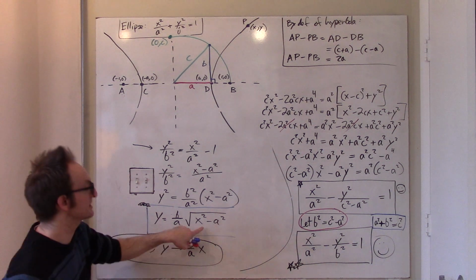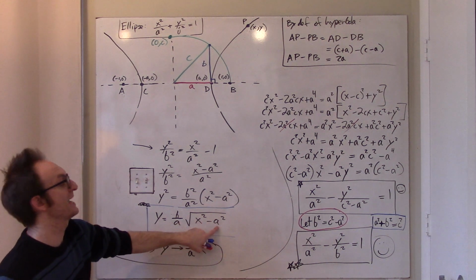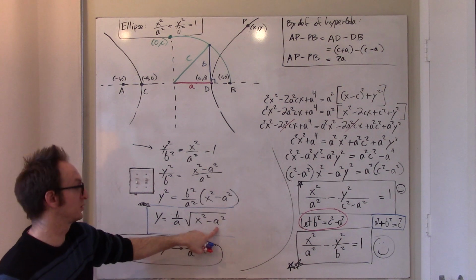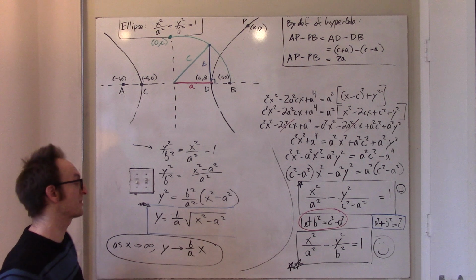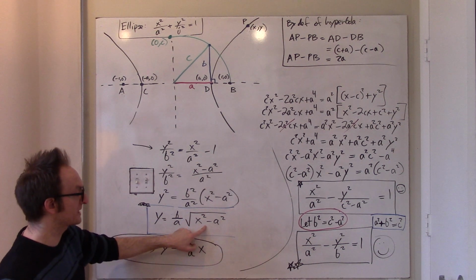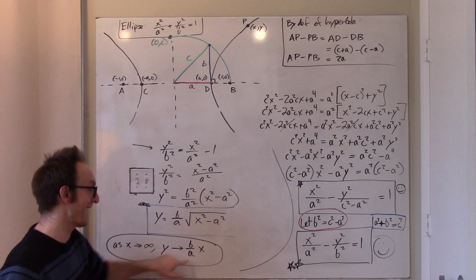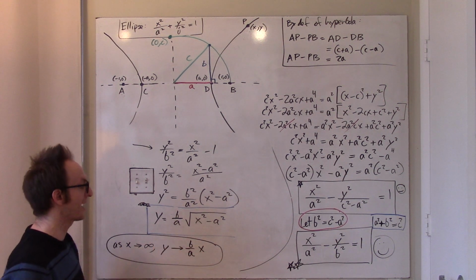If x is like 1,000, then 1,000 squared is pretty much 1,000,000, and a squared is negligible compared to 1,000,000. So it's still pretty much 1,000,000, and when you take the square root of 1,000,000, you get 1,000 back again. So you should feel already that root x squared minus a squared is basically just x. And so as x goes to infinity, y is looking more and more like b over a times x.